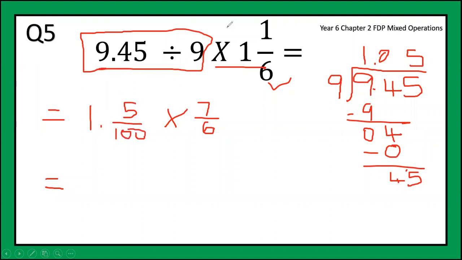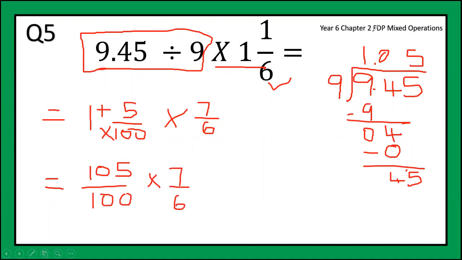You see that? And you can also change this to an improper fraction, and then you will get 105 over 100 times 7 over 6.